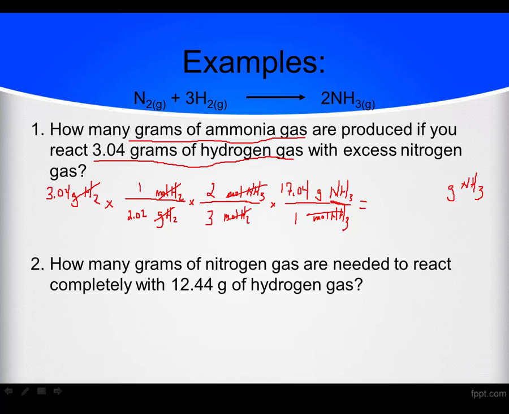So ultimately, the math that we have to do is 3.04 divided by 2.02, multiplied by 2, divided by 3, multiplied by 17.04. Wanting 3 sig figs because the first number was given with 3 sig figs, I'm rounding what the calculator gave me to 17.1 grams of ammonia.